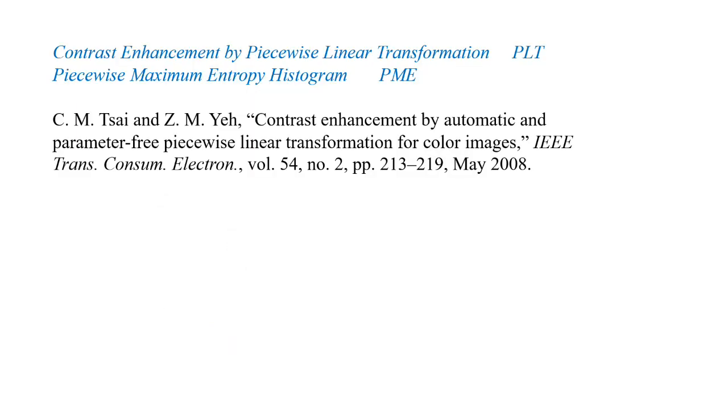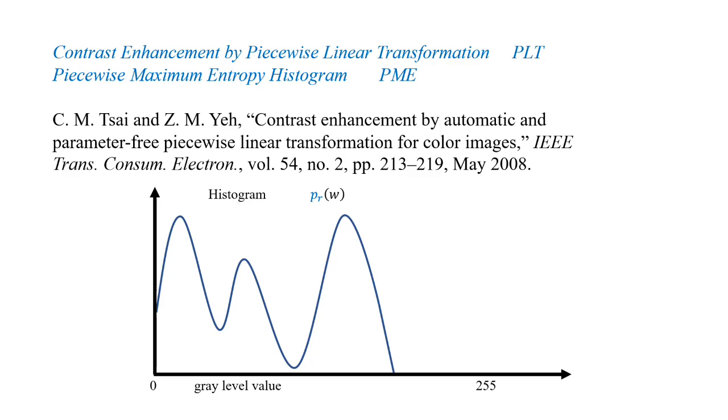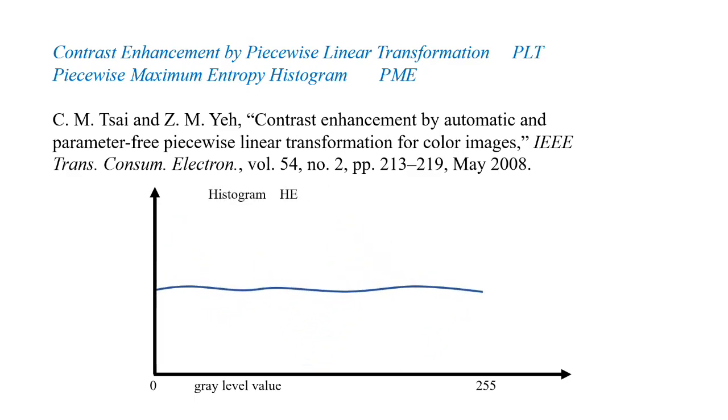A couple of other techniques that can help us to identify a final histogram that will lead to a better image are contrast enhancement by piecewise linear transformation, or PLT for short, as well as piecewise maximum entropy. The idea here is that as we start with an original histogram corresponding to an image with not a very good contrast, we would like to avoid using histogram equalization that will tend to give us a final image with a uniform histogram like that.